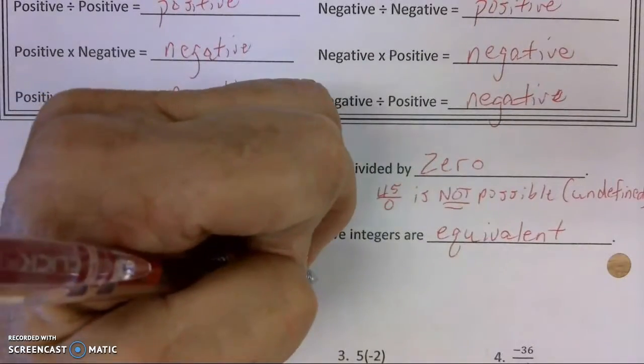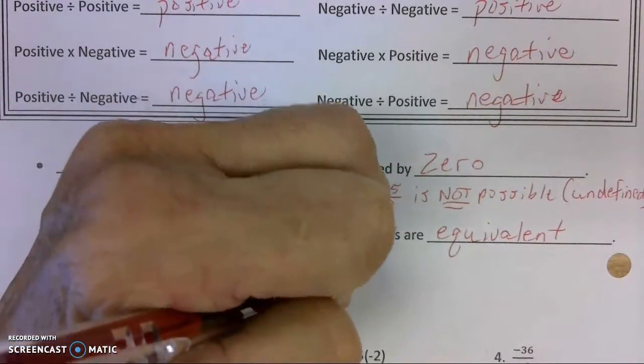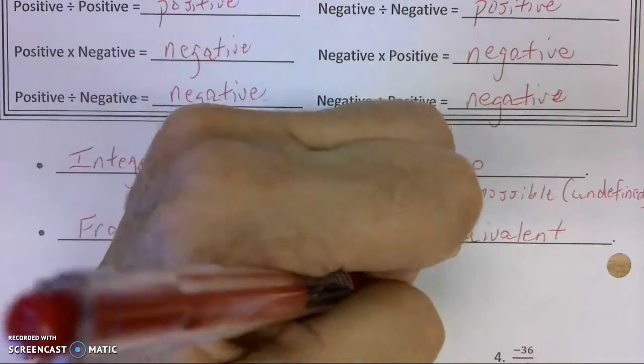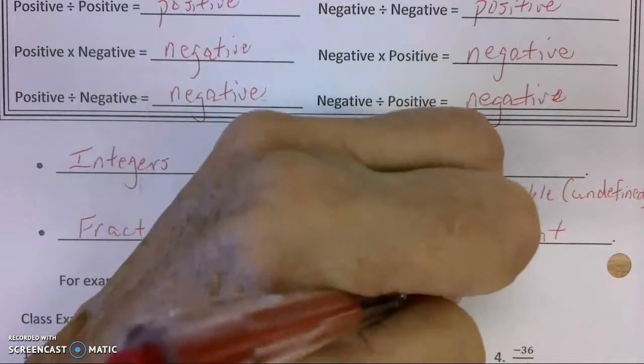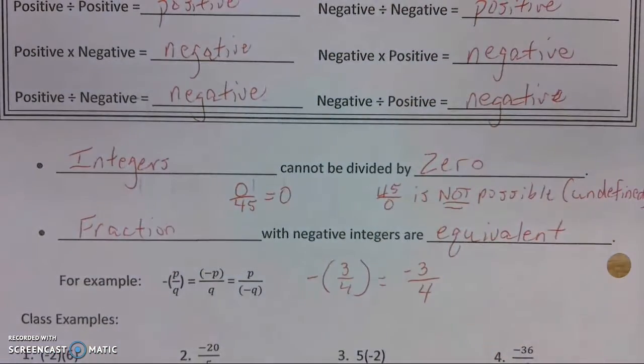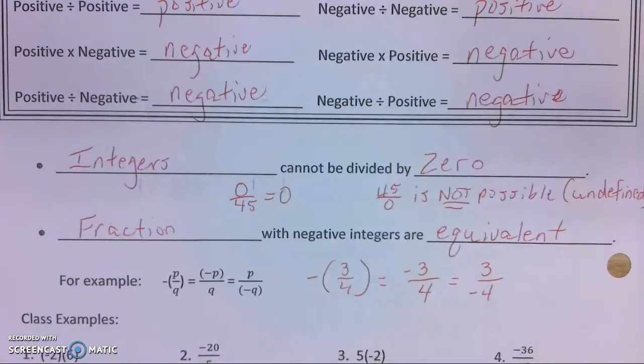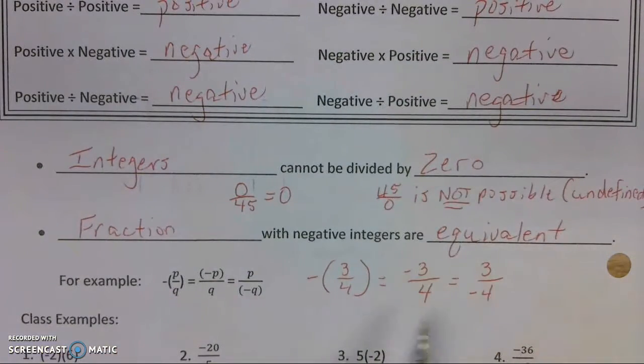So for example, if I have negative 3/4, I could put the negative sign in front of the fraction, in front of the 3, or in front of the 4. Either way, that fraction is negative, whether it's in the middle, in the numerator, or in the denominator. Remember that that fraction line actually means division.